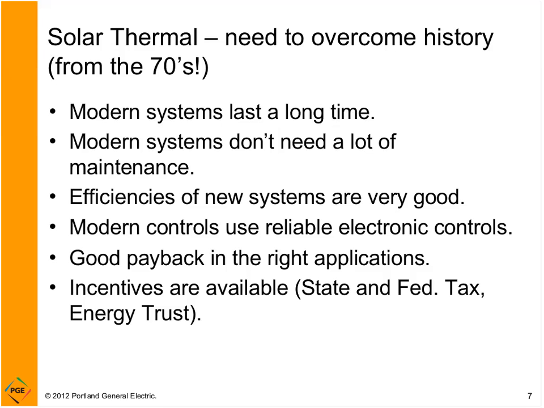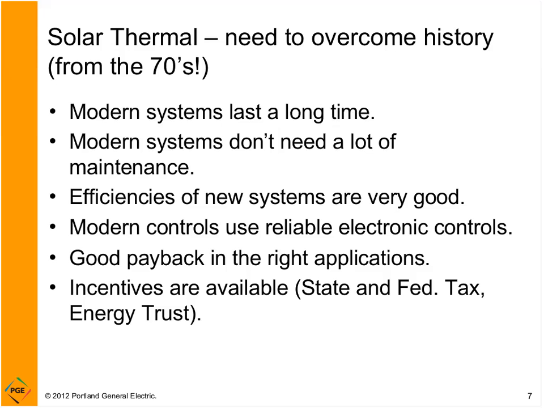Unfortunately, a lot of those systems were not very good systems. So a lot of people had a solar thermal system on their roof, and after a year or 2 or 3, they tore it off and gave up on solar thermal. We want to spend some time here today and say that that is not how systems operate today. Modern systems last a long time. They don't need a lot of maintenance.